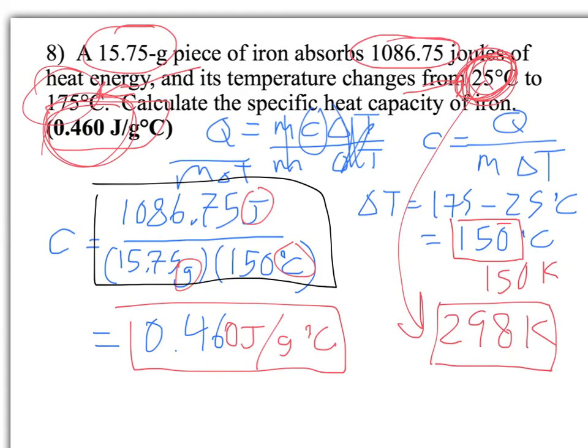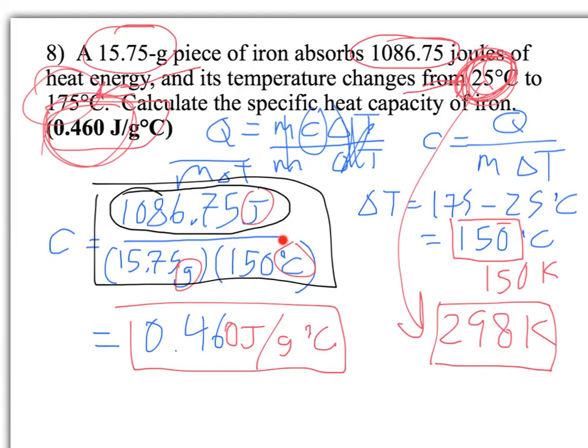One of the biggest problems that I've seen in order of operations is when you take a number like this one right here, the 1086.75, and then you divide it by the 15.75, which is correct, but then you multiply by 150, and that's not correct. That's wrong. It's 1086.75 divided by 15.75 and also divided by 150.